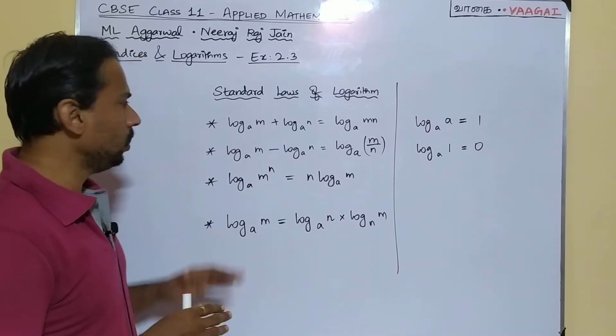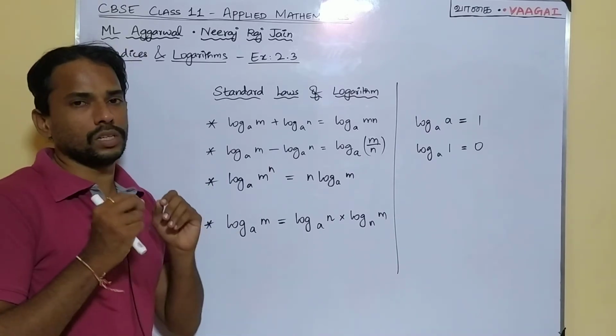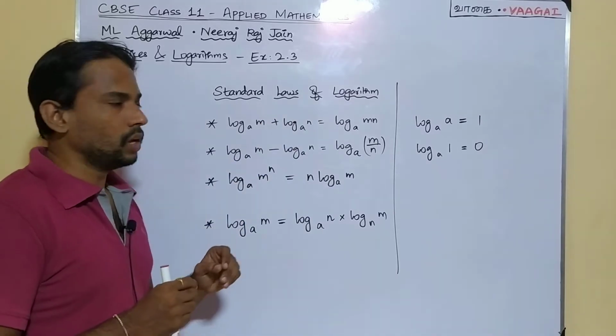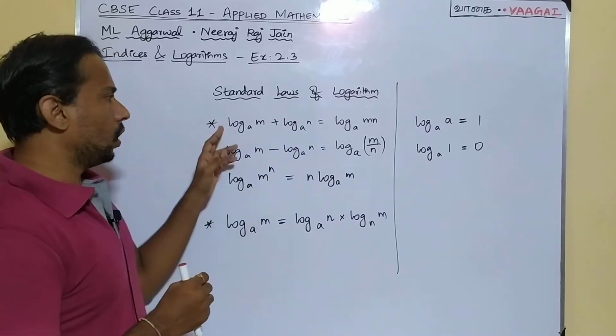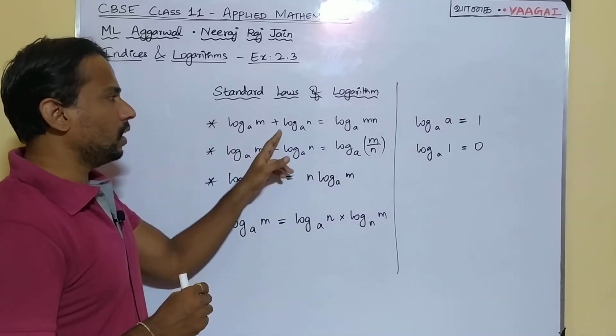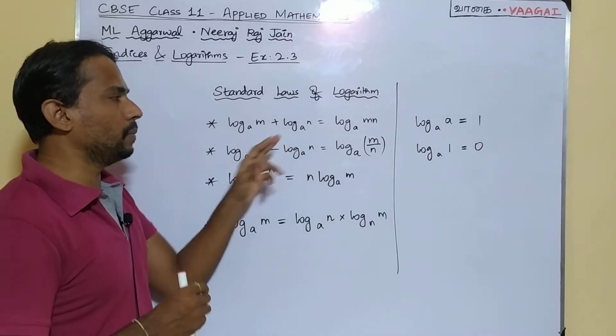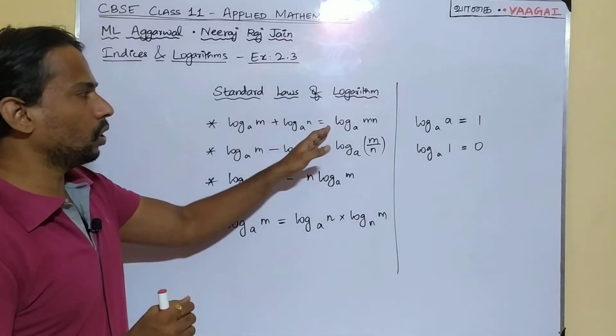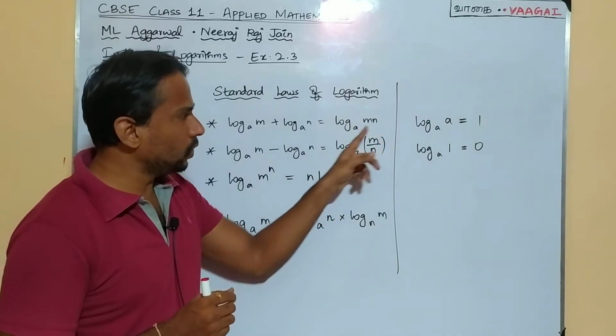Let us see them one by one, starting from the first standard law of logarithm. The first law says log of m to the base a plus log of n to the base a is equal to log of mn to the base a.